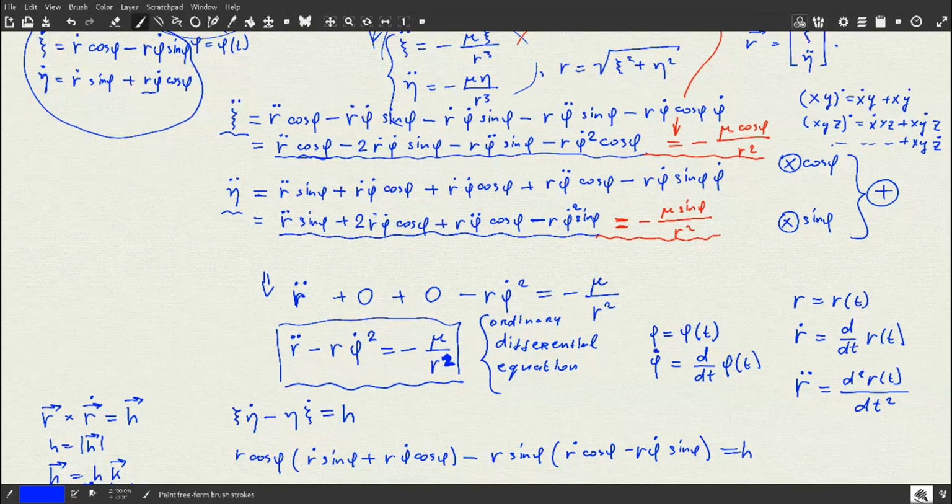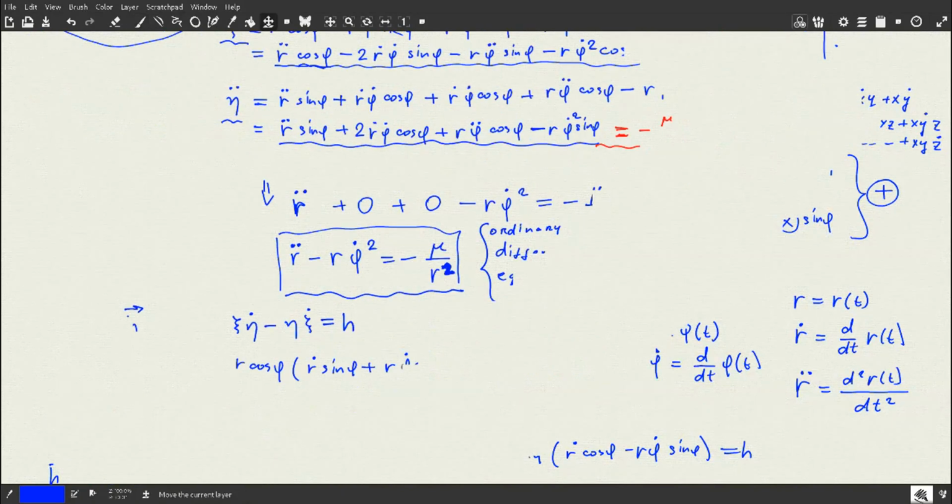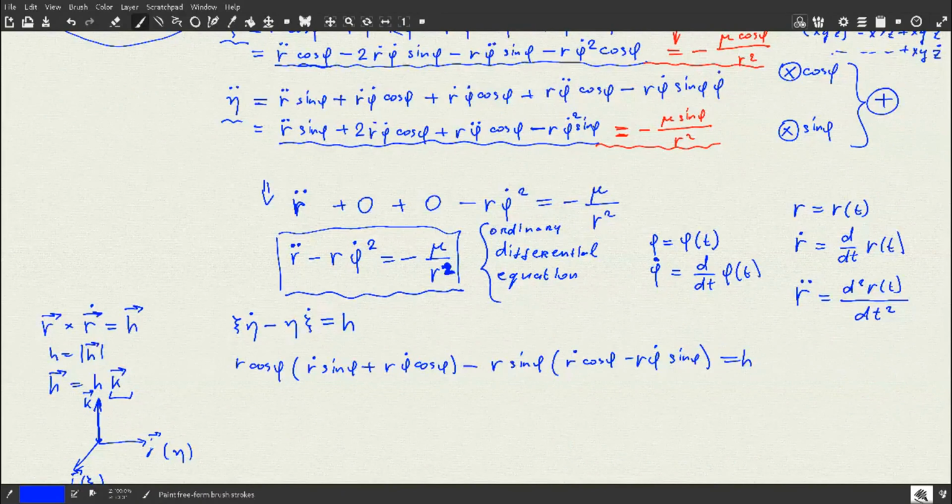Now for the terms containing r and r dot, r dot cosine phi sine phi minus r dot cosine phi sine phi, so they vanish. Only for the second terms we have r squared phi dot cosine squared phi, minus minus is plus, therefore r squared phi dot sine squared phi. Therefore from this all together we get yet another very simple expression, r squared phi dot equals h.